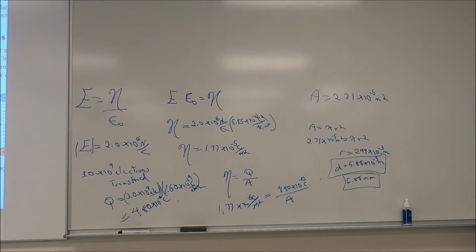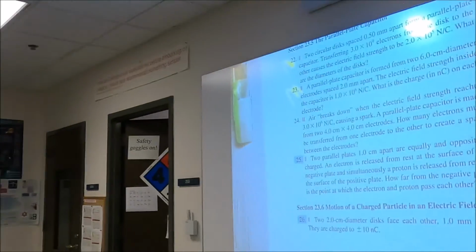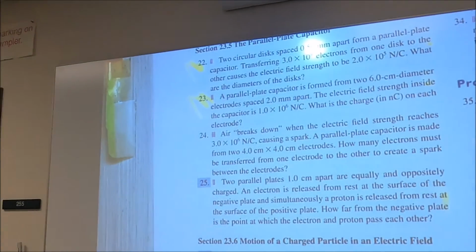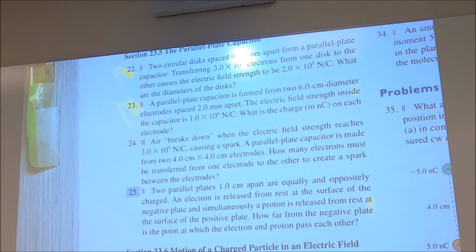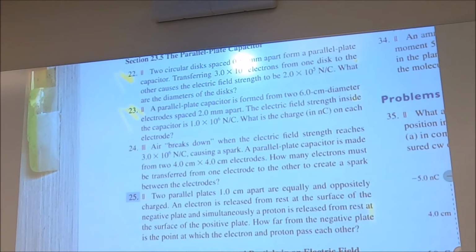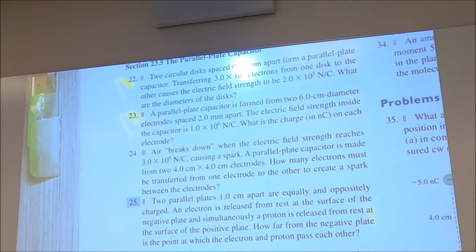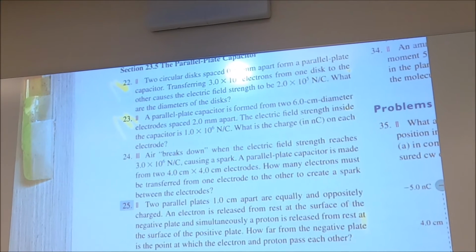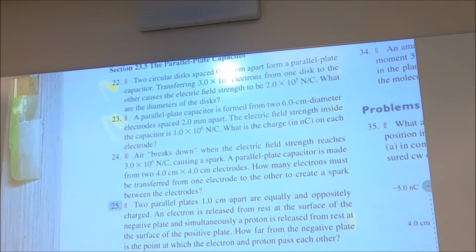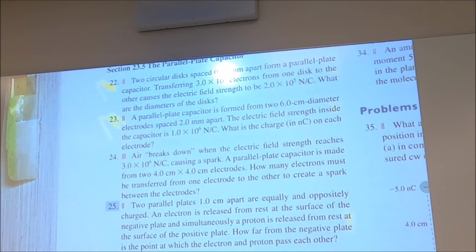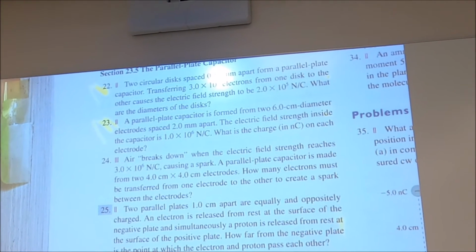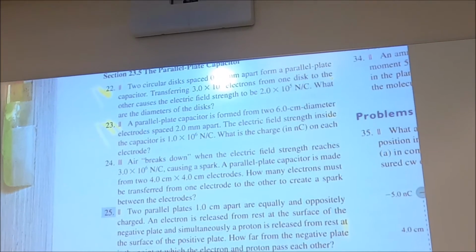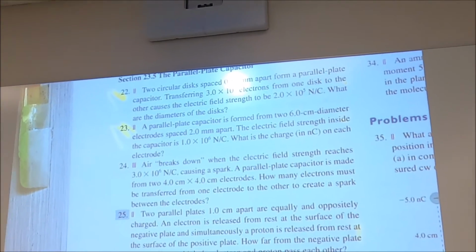Let's look at it real quick. It says that air breaks down when the electric field strength reaches 3 times 10 to the 6 newtons per coulomb, causing a spark. A parallel plate capacitor is made from 2 4 centimeter by 4 centimeter electrodes. How many electrons must be transferred from one electrode to the other to create a spark between the 2 electrodes?